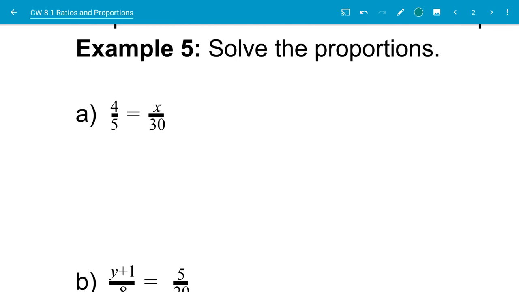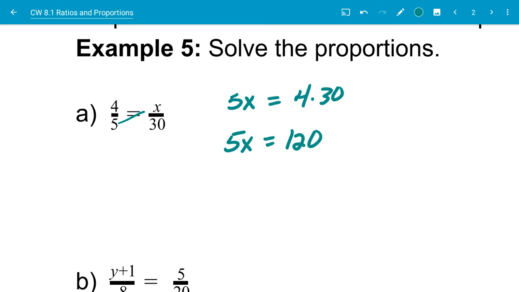Here I'm using cross multiplication. 5 times x, which is 5x, is equal to 4 times 30. So 5x is equal to 4 times 3 is 12, and then 0 is 120. So I'm going to divide both sides by 5.